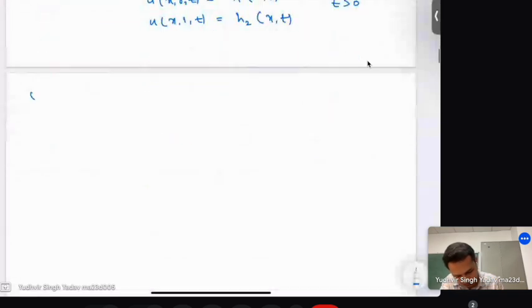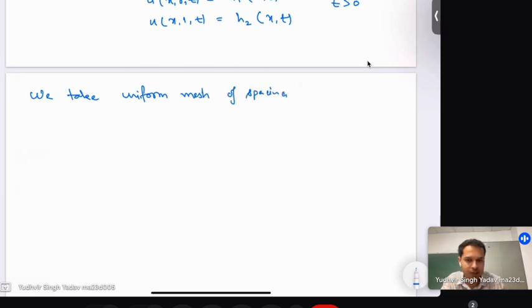Here we will take a uniform mesh of spacing h. We have taken a step size h in both the x and y directions.